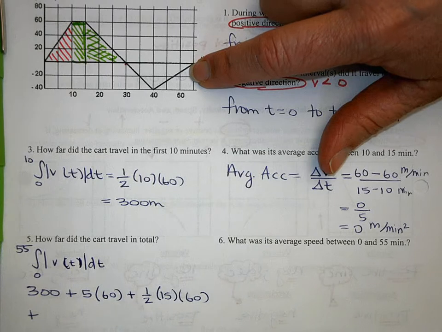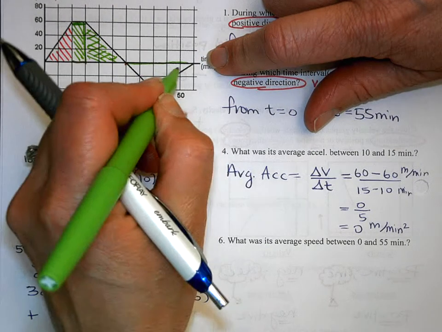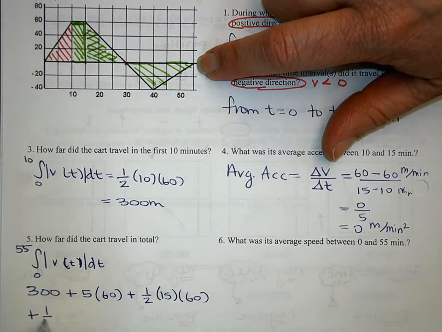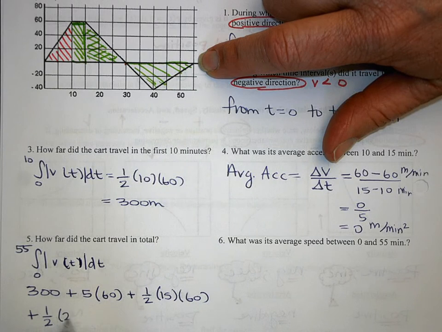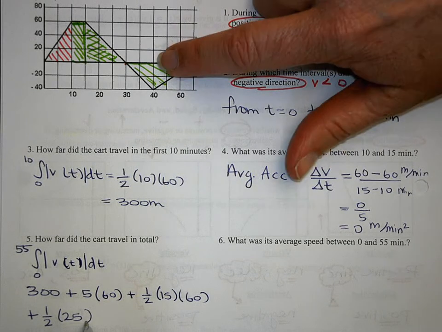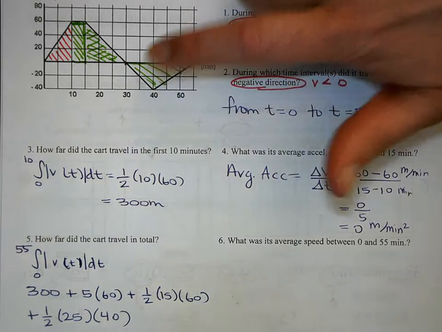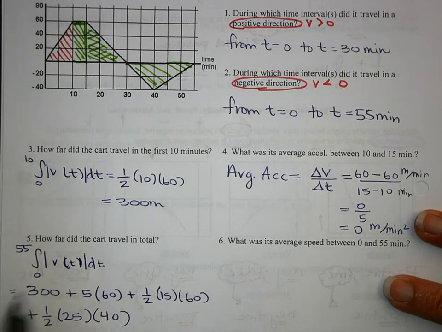And then this last triangle would be 1/2, and then that base is going from 30 to 55. And then that height, even though it's negative, because we're doing distance, we'll keep it positive, so that would be 40. So let me do a little arithmetic here.